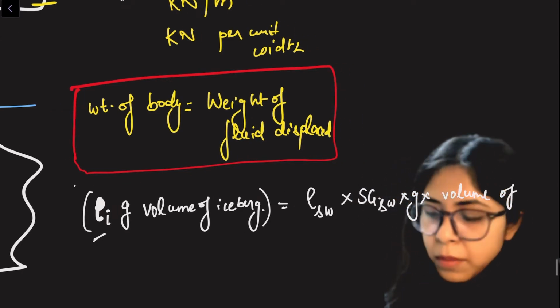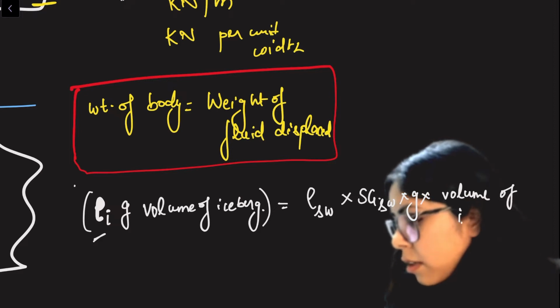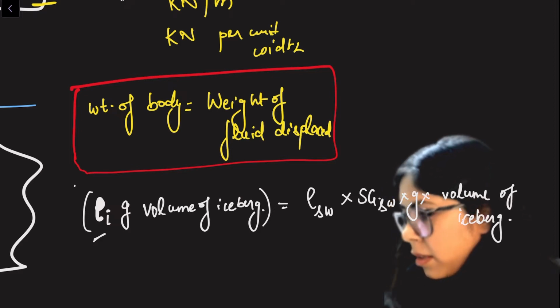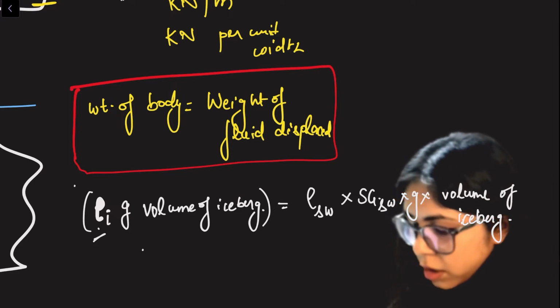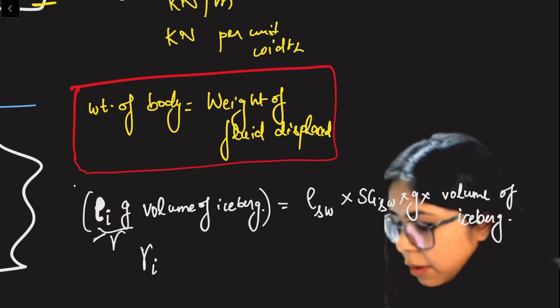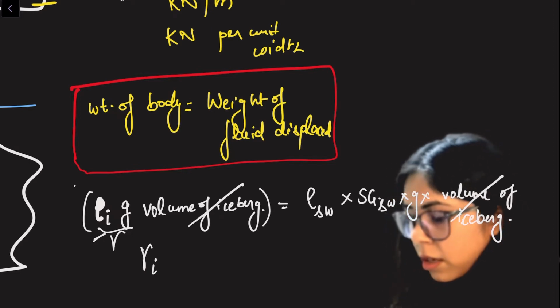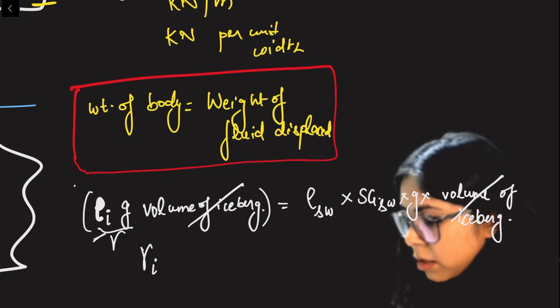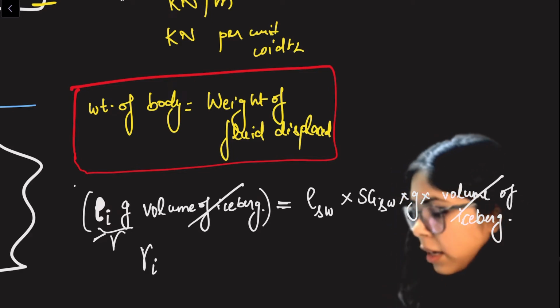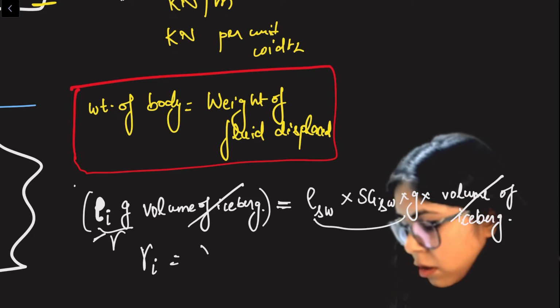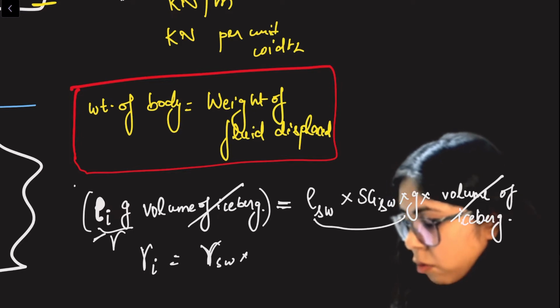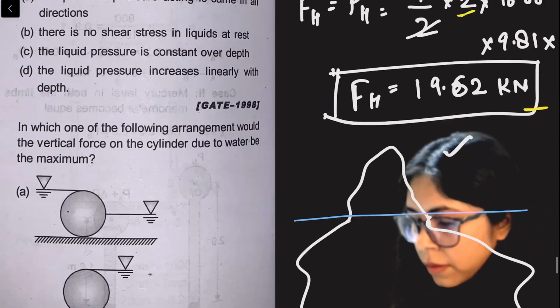Volume of water is nothing but the volume of iceberg that was replaced. So volume of iceberg. That means I got here rho G is nothing but unit weight. So gamma of iceberg is nothing but, see, volume of iceberg in both the equations on both the sides is equal. I will cancel it out. So rho G, and this is rho, and this is gamma of seawater into what is the specific gravity given in the question?